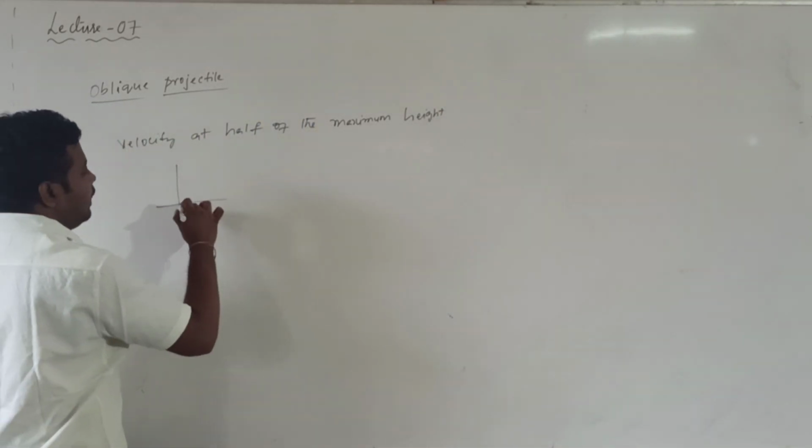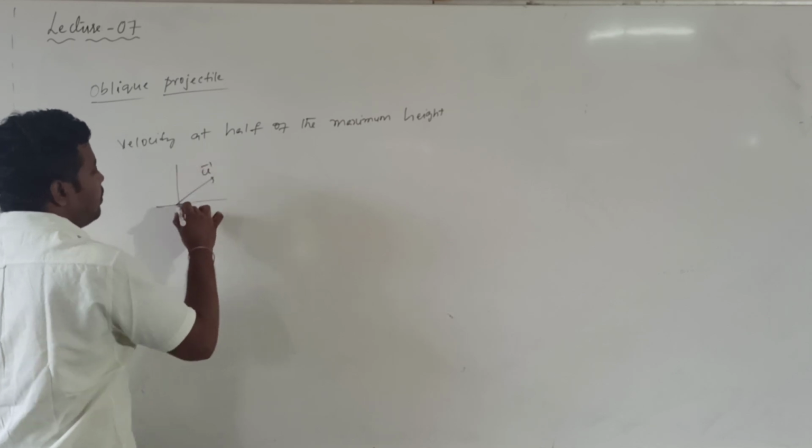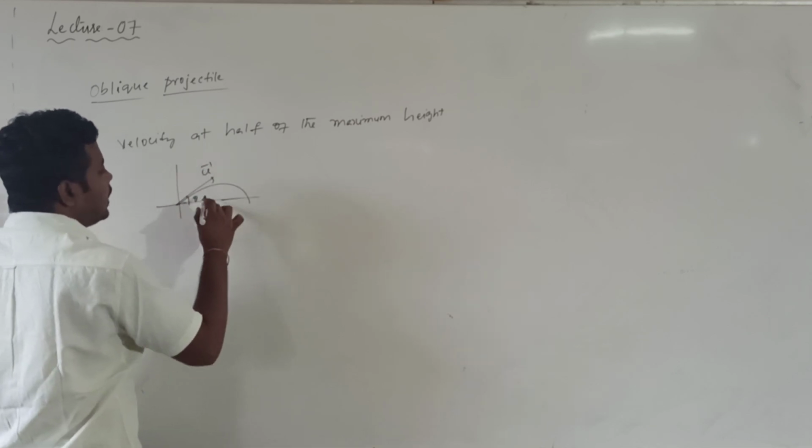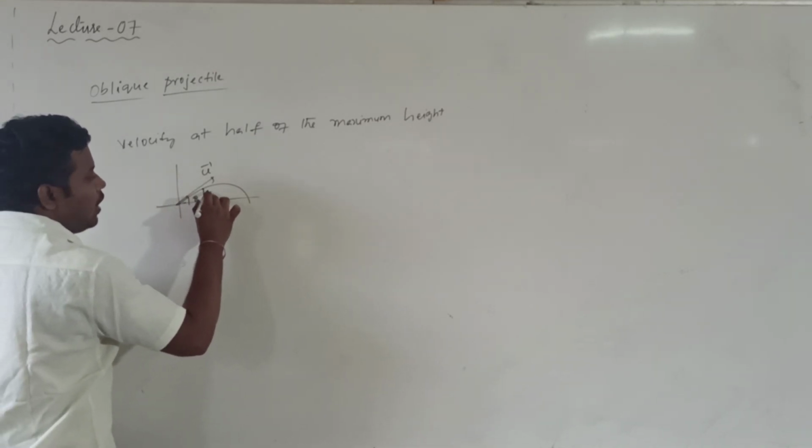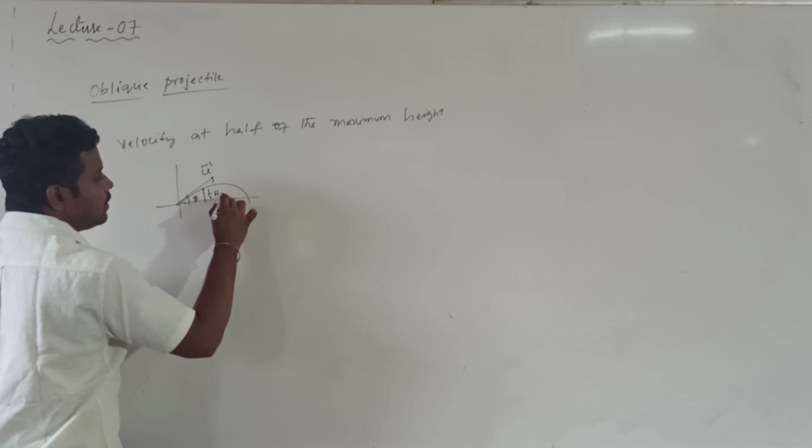The projectile is projected with initial velocity u bar, making an angle theta with the horizontal. This point P is exactly half of the maximum height, 1 by 2 of H max.